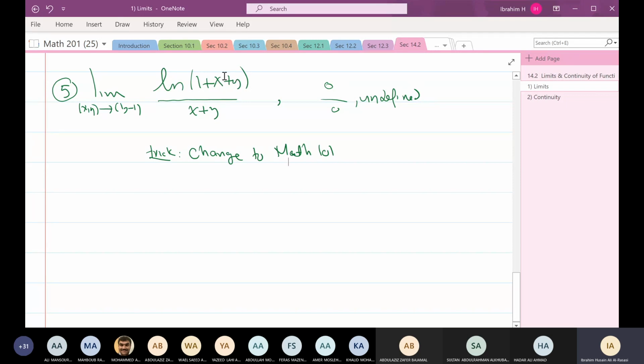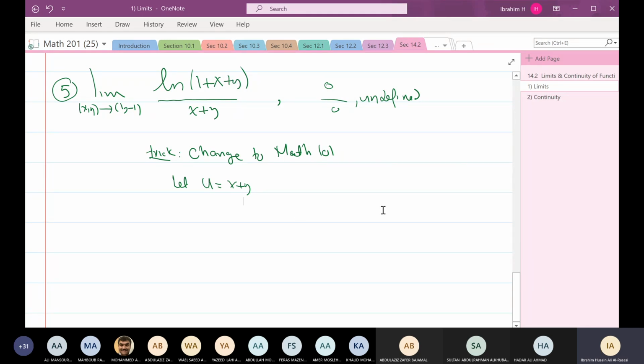So I have the same quantity, x plus y in the numerator and x plus y in the denominator. So I will just combine these two quantities together into one new quantity. I will say let u equal x plus y. I have the same quantity, I will combine them into one quantity. I will call it u.